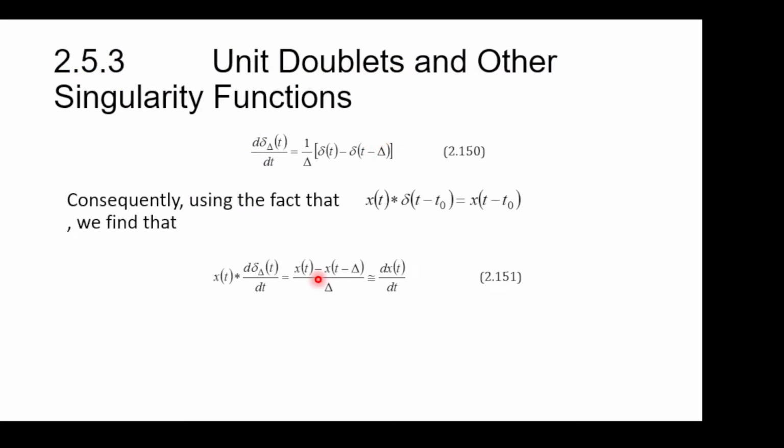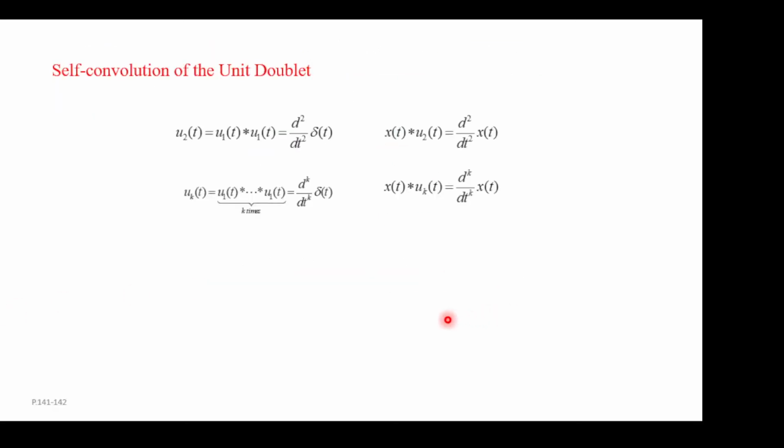Then you can do this more times. If you convolve u_1 with u_1, you get u_2, the two-times derivative of the delta function. And if you convolve any function with u_2, you get the second derivative of your function. And if you do this k times, you get u_k, etc.